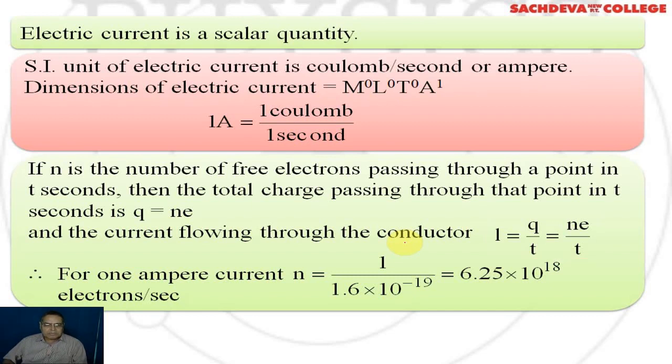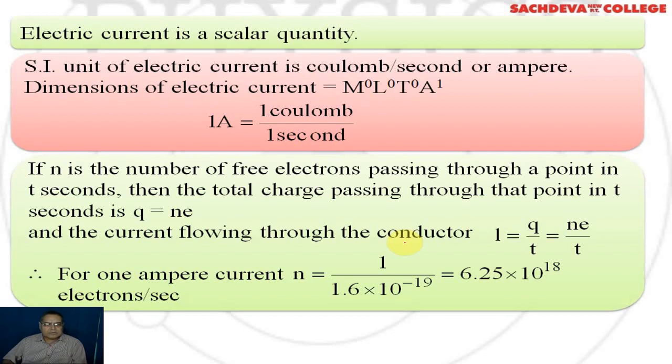Then we can make n the subject of the equation, that is n is equal to 1 over 1.6 × 10 to the power minus 19, and that is calculated as 6.25 × 10 to the power 18 electrons.